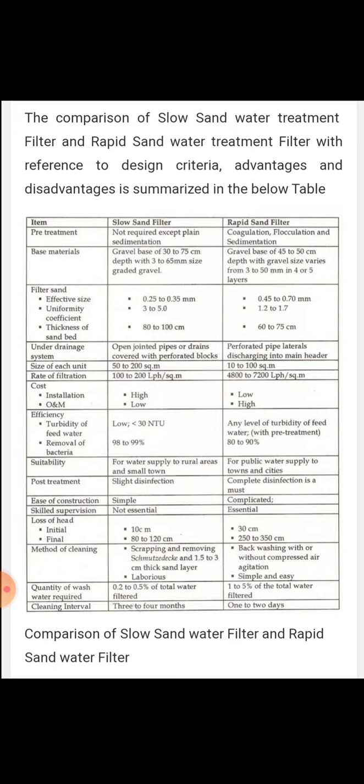Different chemicals like alum and lime can be added, and the suspended and colloidal impurities can be removed from the water. So these are the different treatment methods that we can use for the removal of solids from water.